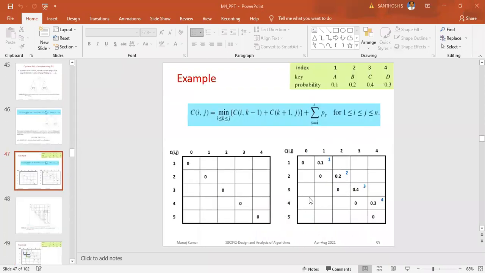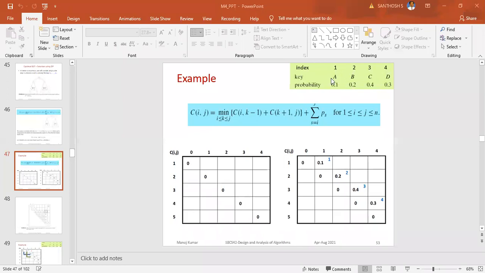Okay, so now come to the example. So how to find the solution for that? These are the elements you will be having. These are the index values 1, 2, 3, 4.